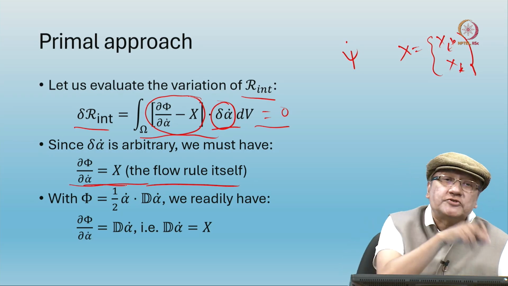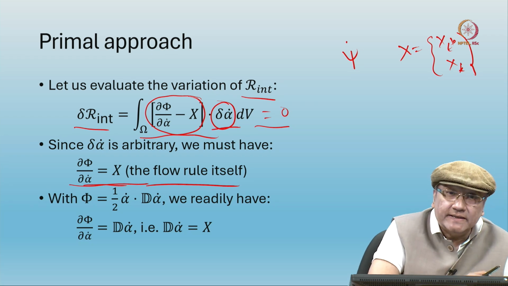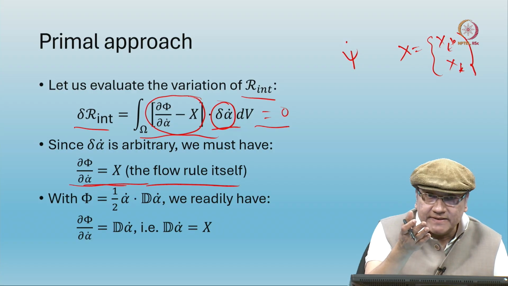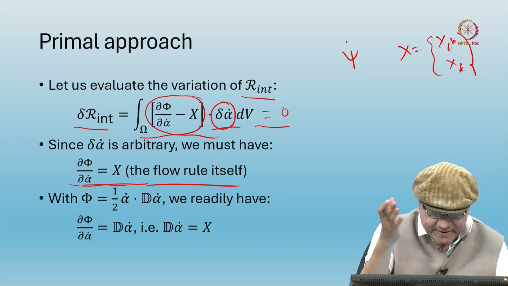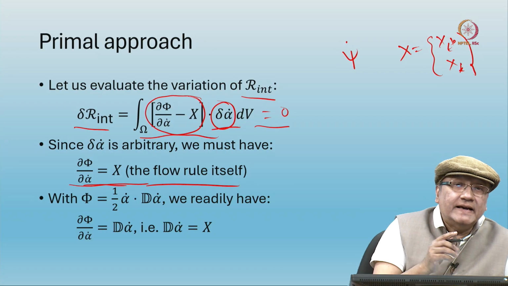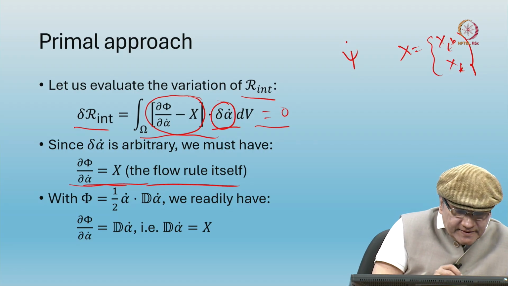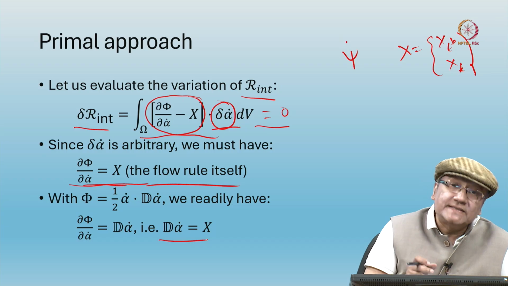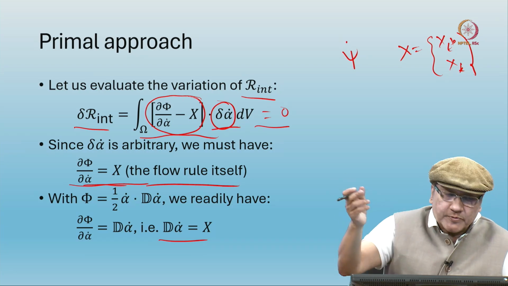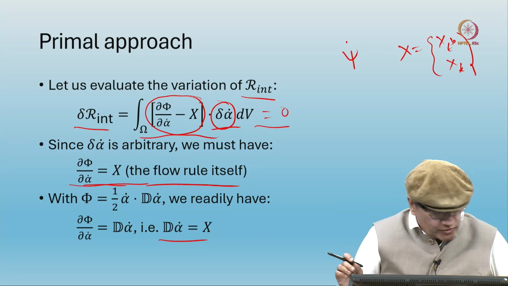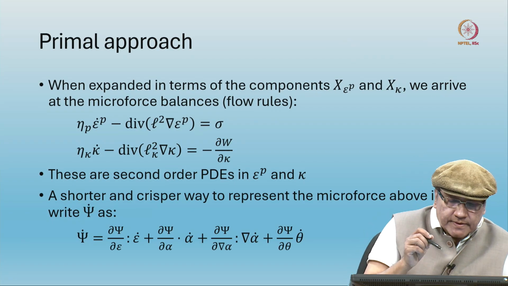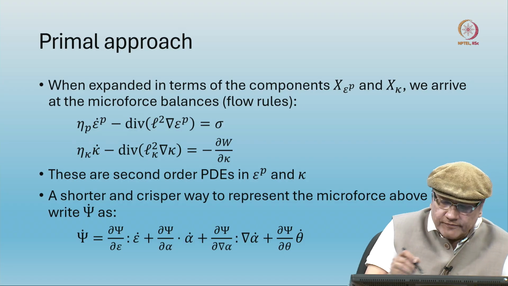So that has two structures. One is x is del phi by del alpha dot, provided it is differentiable, I can write the subgradient as del phi by del alpha dot, no problem, right. And that gives me x equal to d alpha dot, d script d alpha dot. But x is also given by the other expression which we got some time back. This was the expression for x.